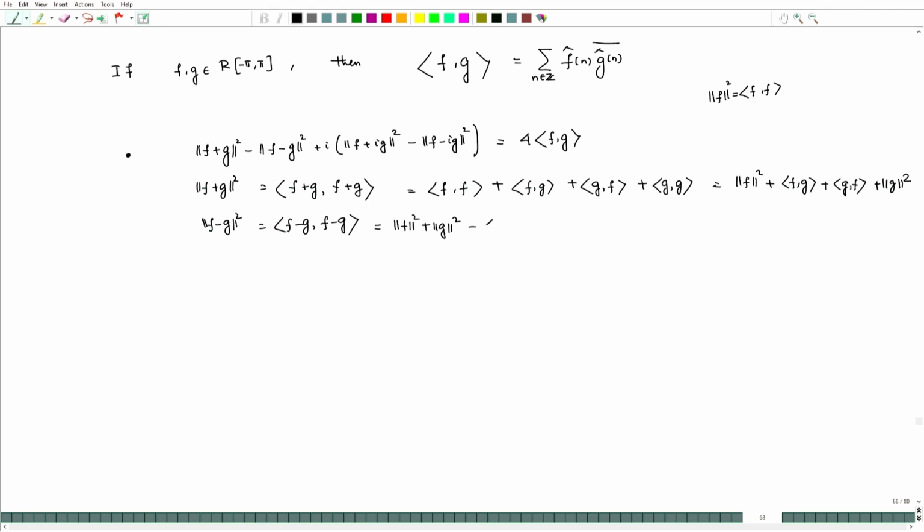Now, this is minus f comma g minus g comma f, and if you compute it, then automatically everything will get cancelled. So, you will arrive at this identity.